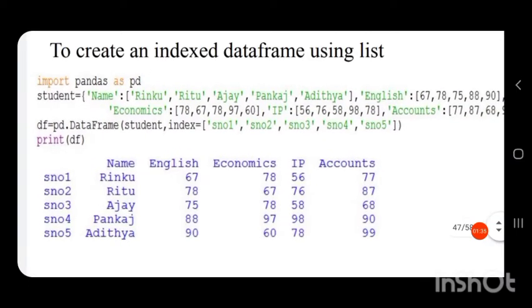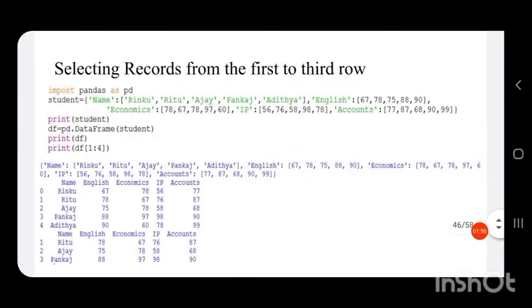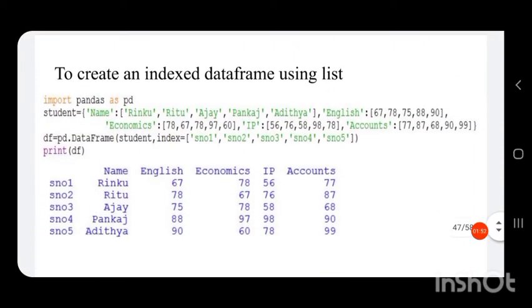So we are going to create a data frame df. df is equal to pd dot DataFrame. In the DataFrame function, the parameter we have given before is just the data to be converted into a data frame.